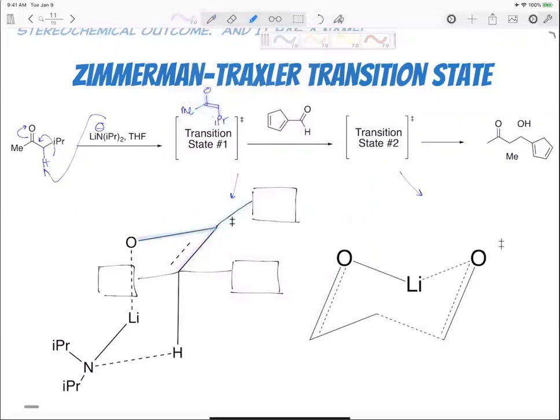So should I go to the right or to the left to get my E enolate? You should go to the right, exactly, because this is where it takes me to the isopropyl here. So then this would have to be methyl, right?